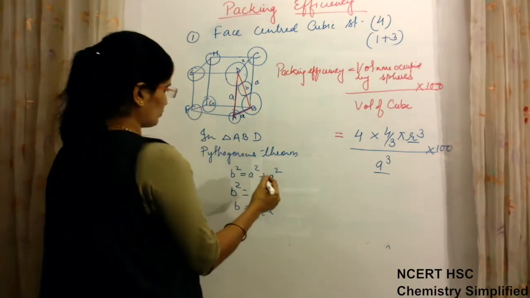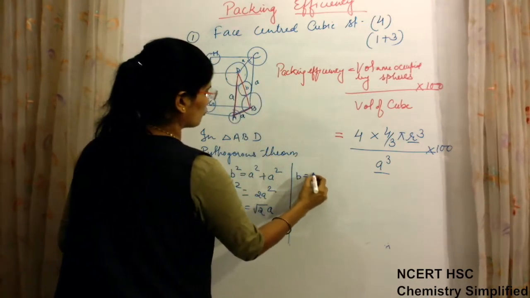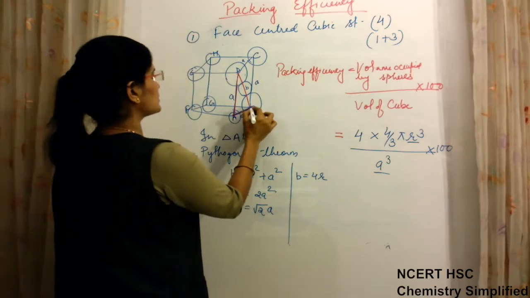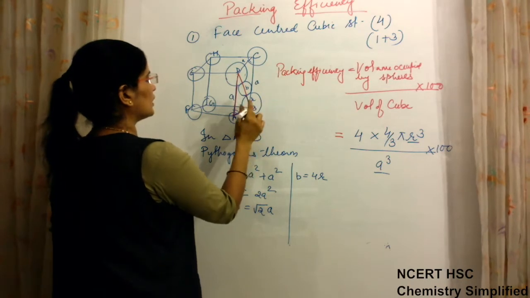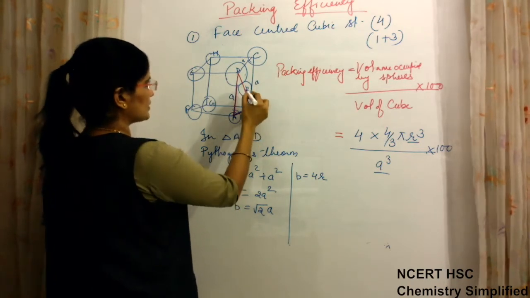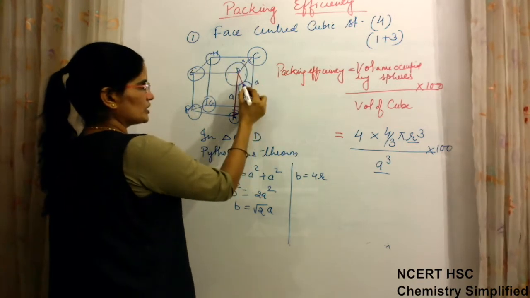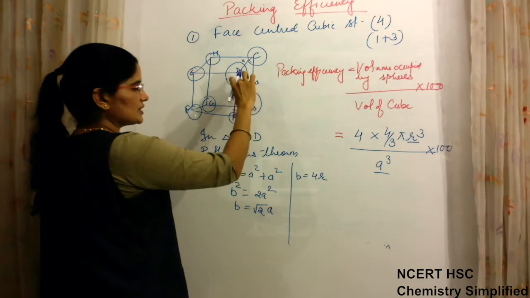Now one more thing we can write, that this b is actually equal to 4r. Why have I written b equal to 4r? Because see, from here to here is the radius of this sphere. Half of the diameter is radius. In this diagonal, we have the total diameter of this sphere included.